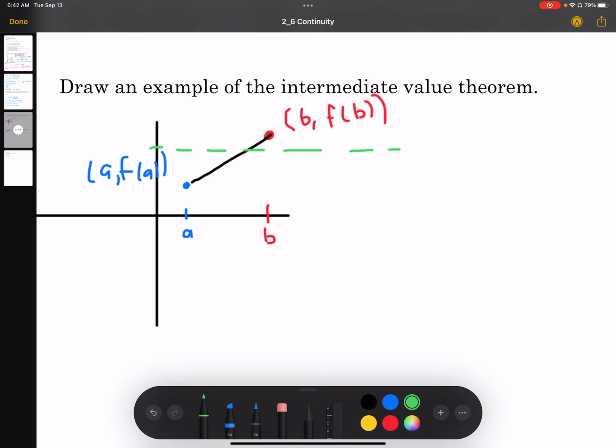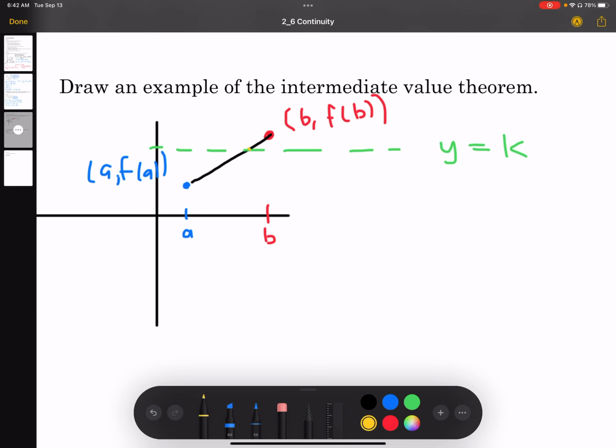So let's assume right around here is the line. So we'll call this line y equals k. It's some number between f of a and f of b. It's greater than f of a, and less than f of b. So for this output k, somewhere between a and b, there's a number c that produces this output. So we'll color this yellow.